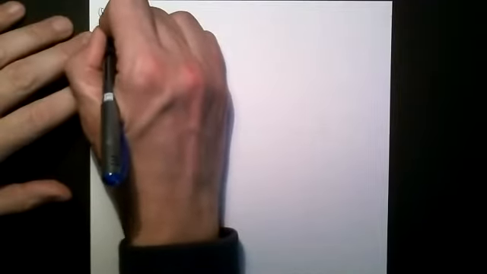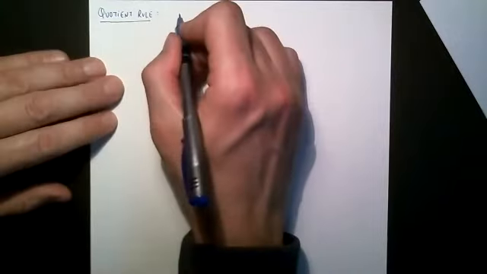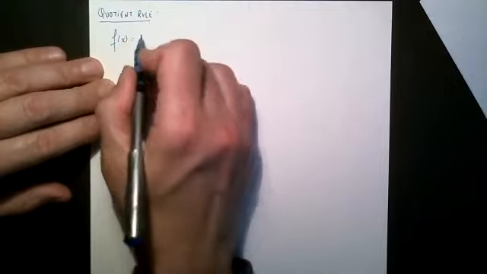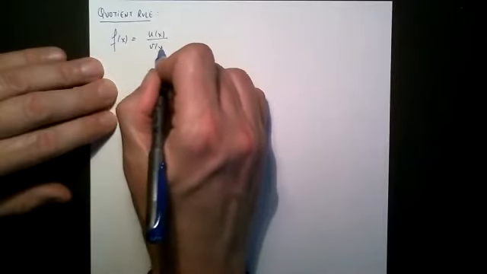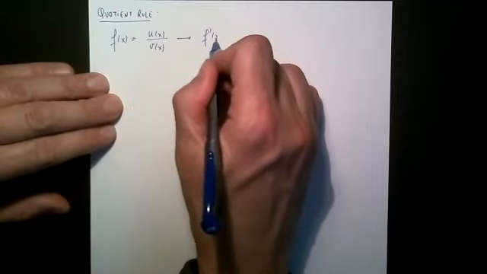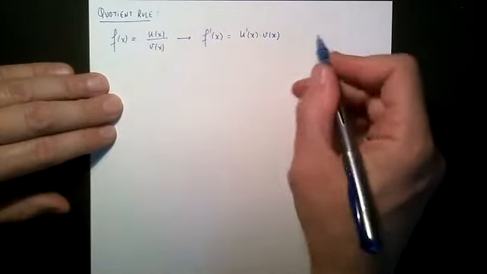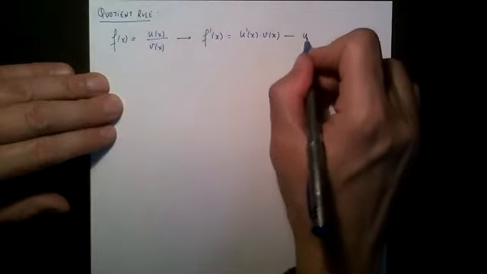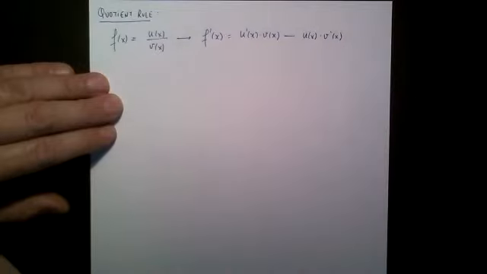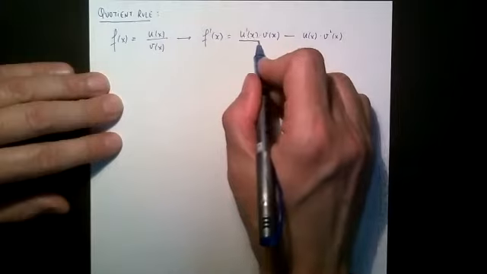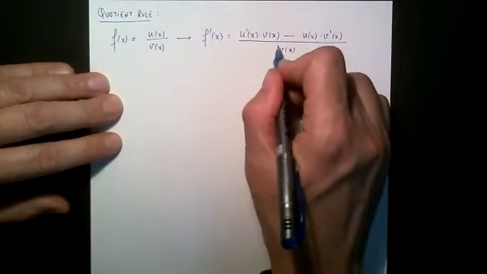So the quotient rule is as follows. If f of x is now a quotient, a division, u of x divided by v of x, then the derivative will be u prime times v, this time it will be minus instead of plus, u times v prime, and then everything divided by the denominator, v of x squared.